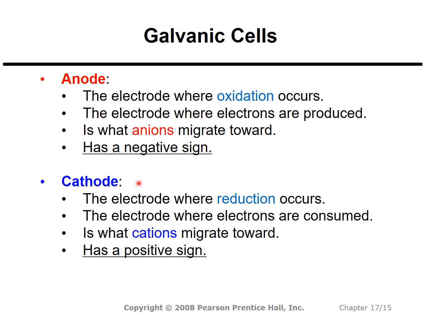Okay, let me go to the cathode, which is the electrode where reduction occurs. Again, consonant with consonant. So the cathode is matched with reduction, electrons are consumed, and cations migrate toward the cathode. So the name cathode comes from the cations. In galvanic cells, the cathode has a positive sign, but in electrolytic cells, the cathode has a negative sign.